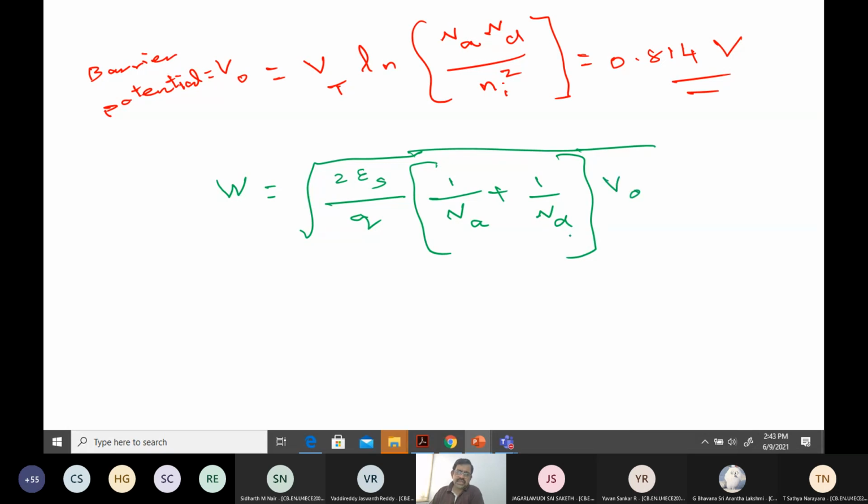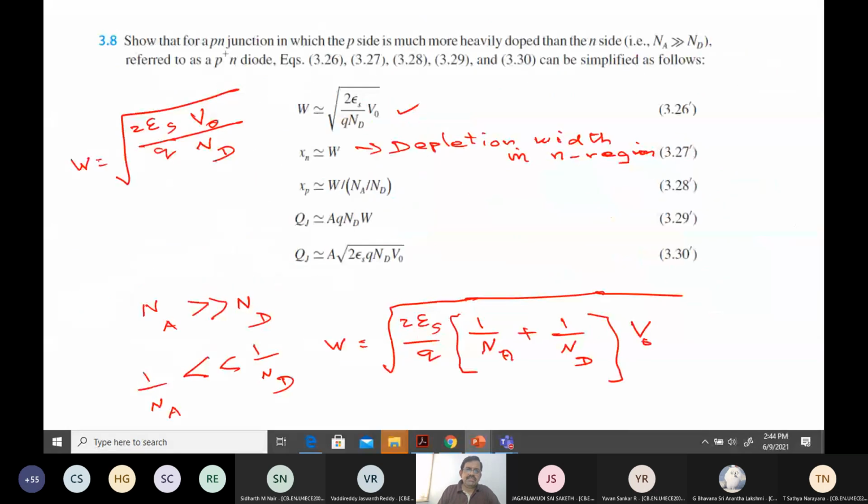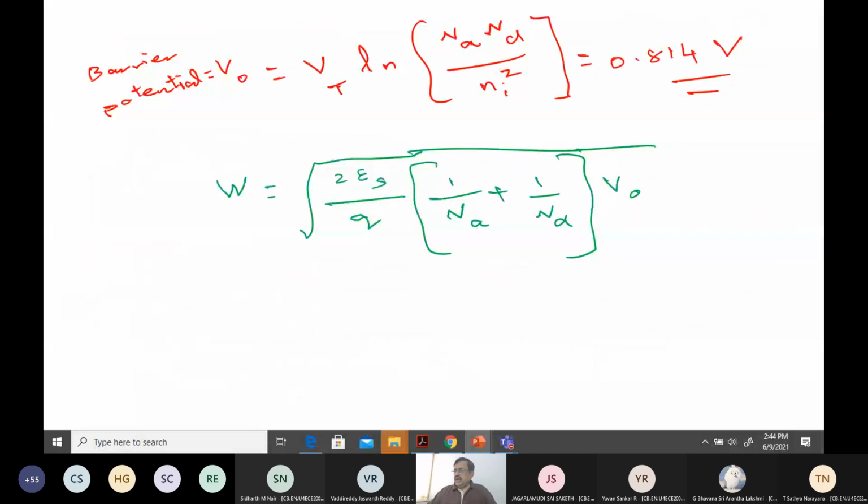Na is 10 power 18, whereas Nd is much smaller, so we can retain only Nd, like what we did here. You can directly substitute in this formula and you will get the result. And I will tell you what the answer is.